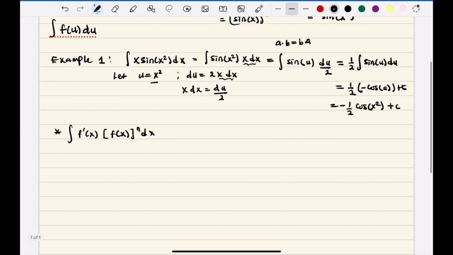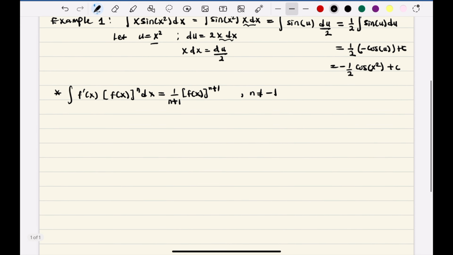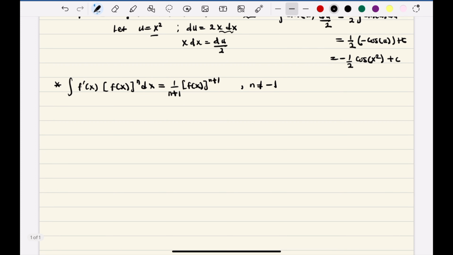What this is telling us is that if I have a function raised to the power of n, whereby my n is not -1, and it is being multiplied by the derivative of that function, the answer is just 1 divided by n plus 1, multiplied by f of x raised to the power of n plus 1. Let's take an example with regards to this result.